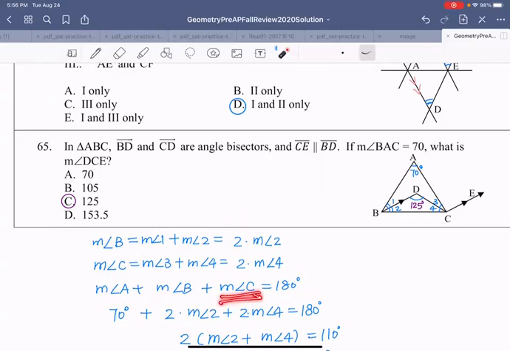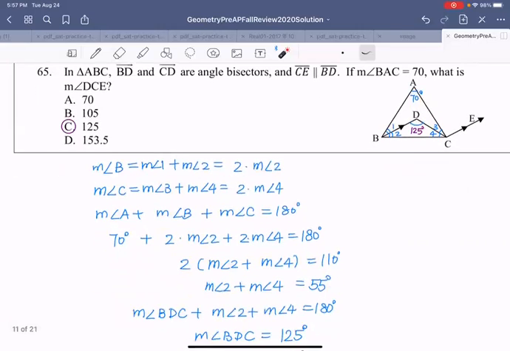The measurement of angle C is 2 times the measurement of angle 4, correct? So you add them together and take 2 out. You first subtract 70, so this is 110. 2 times this equals 110, so these two added together equal 55. Makes sense? The measurement of angle 2 plus the measurement of angle 4 equals 55.